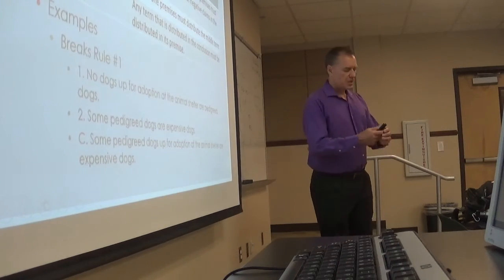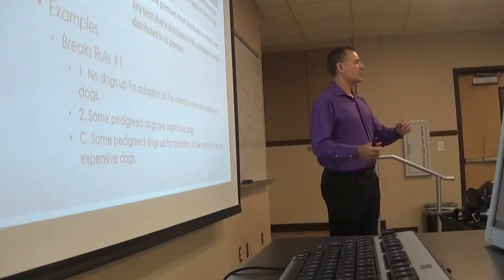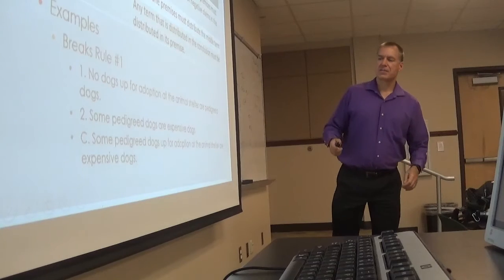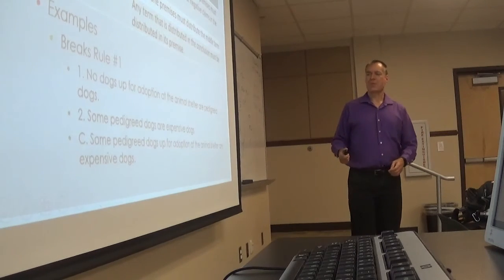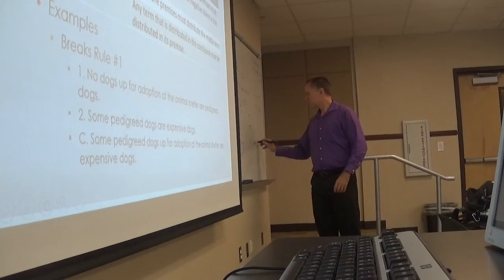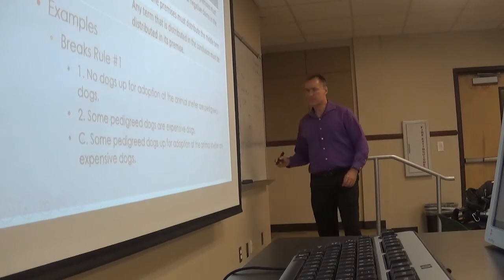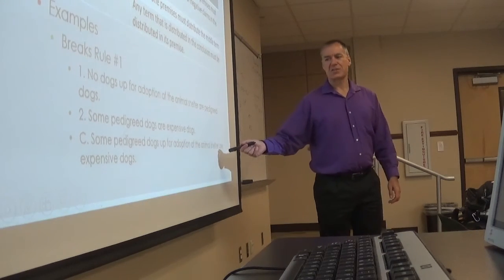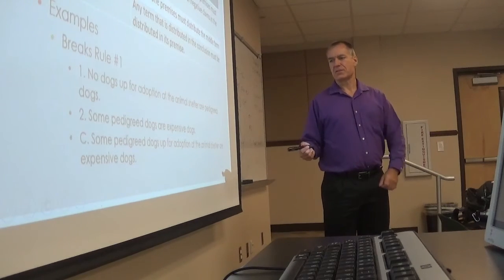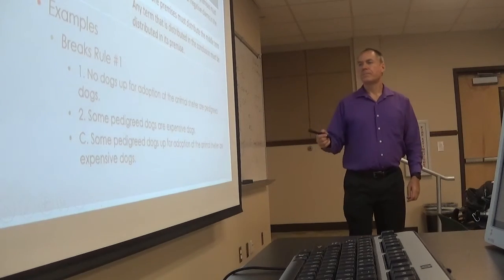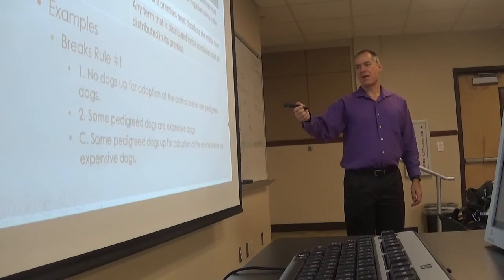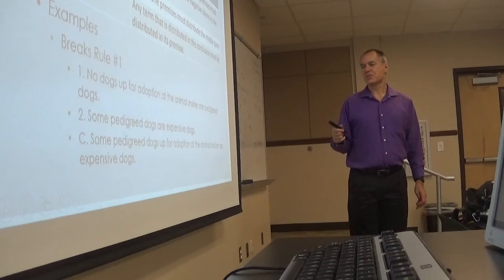So, to do the test, we need to know what's our S term, what's our P term, what's our M term. So we go to our conclusion: some pedigree dogs up for adoption are expensive. So some S are P. So we know that expensive is P, pedigree dogs for adoption are S. So we go to premise 2, some pedigree dogs are expensive.